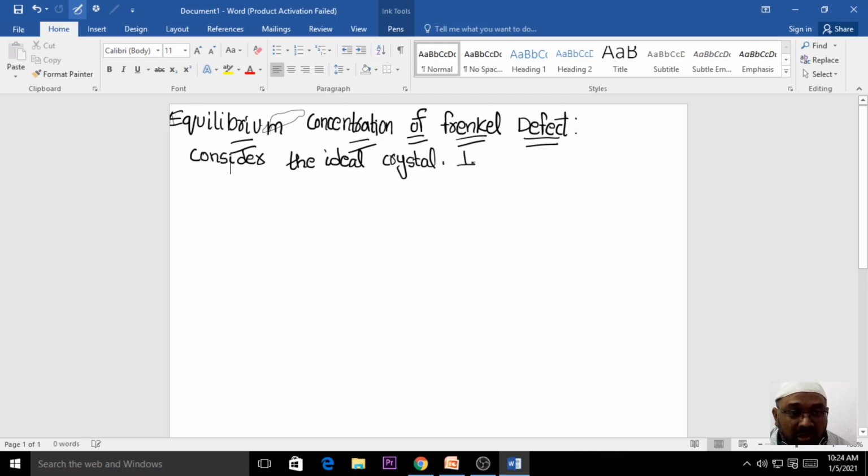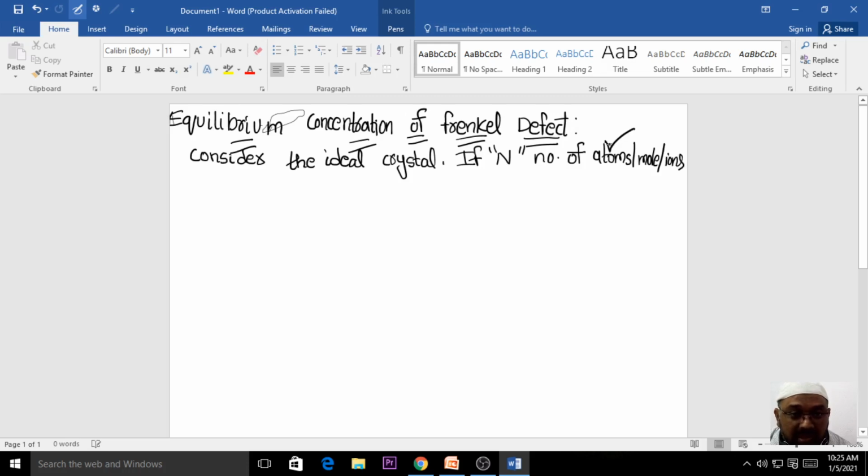How many constituent particles are there? We don't know. Therefore we'll write: if capital N is the number of atoms, that may be atoms, molecules, or ions, it may be anything.